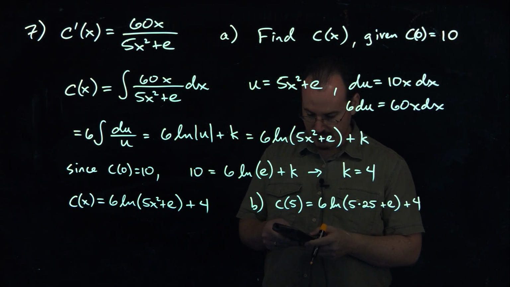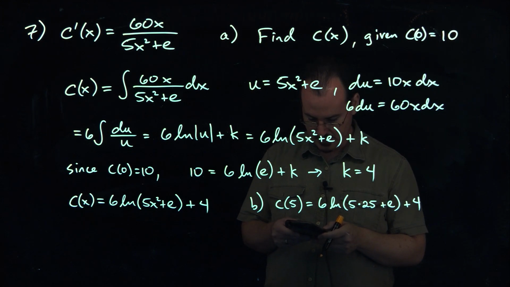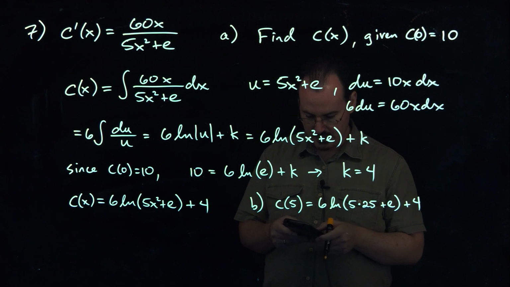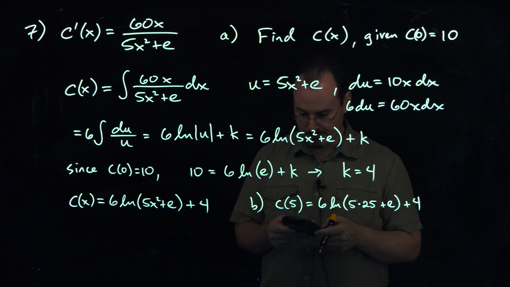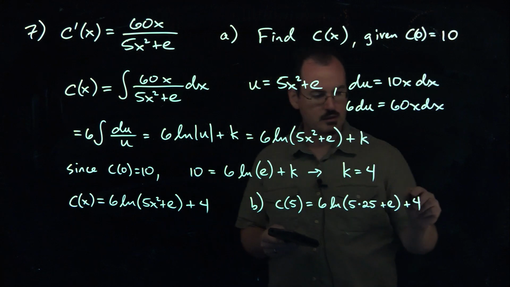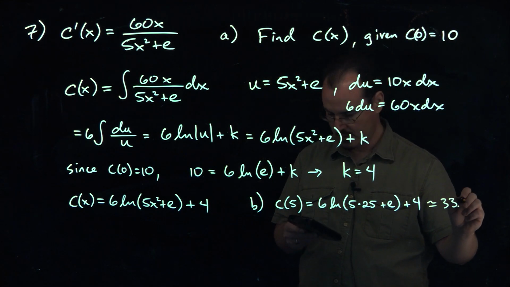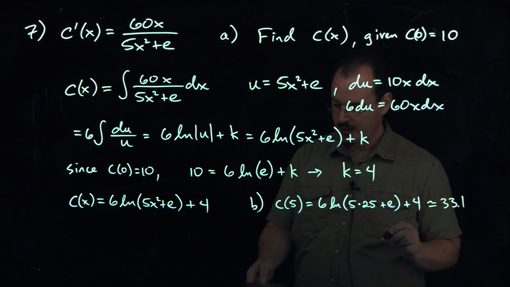So 6, I'm going to put this in my calculator, 6 natural log 5 times 25 plus e, plus e, then plus 4. Let's see what we get. So that gives about 33. It's about 33.1, according to my calculator.